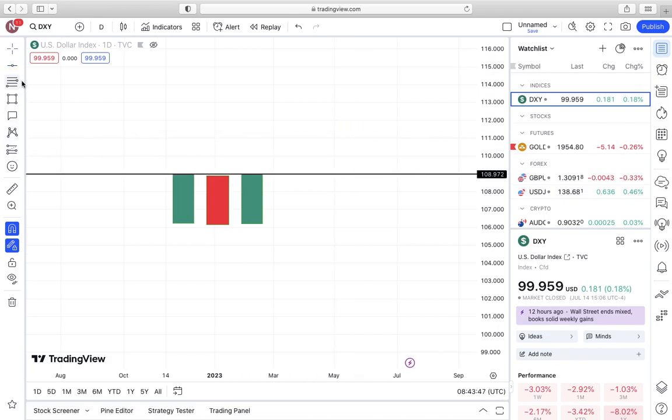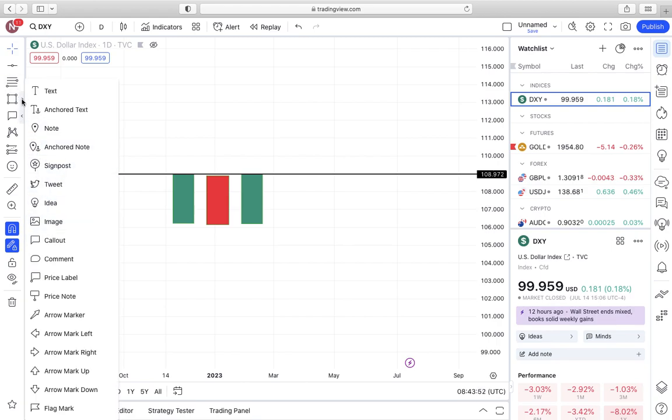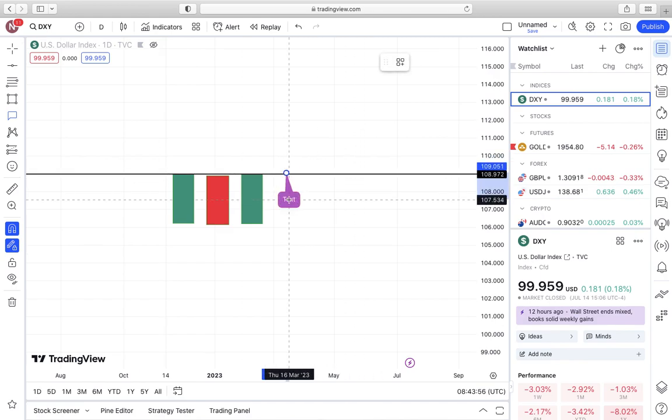Now, for this market to continue on an uptrend, this market has to break that current support zone. Let us mark it and name it for the people to know.